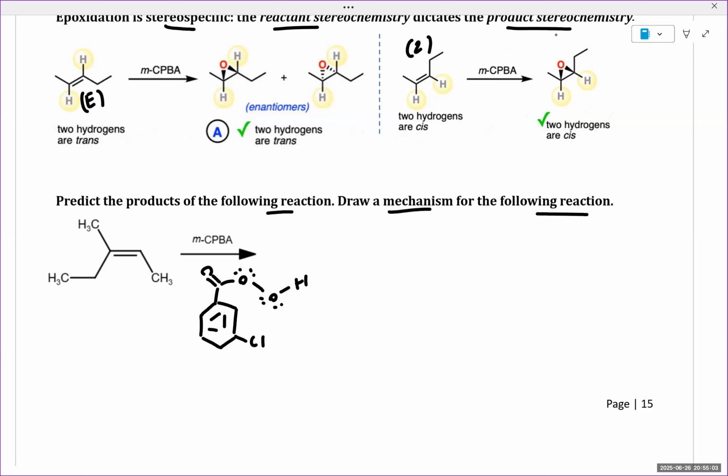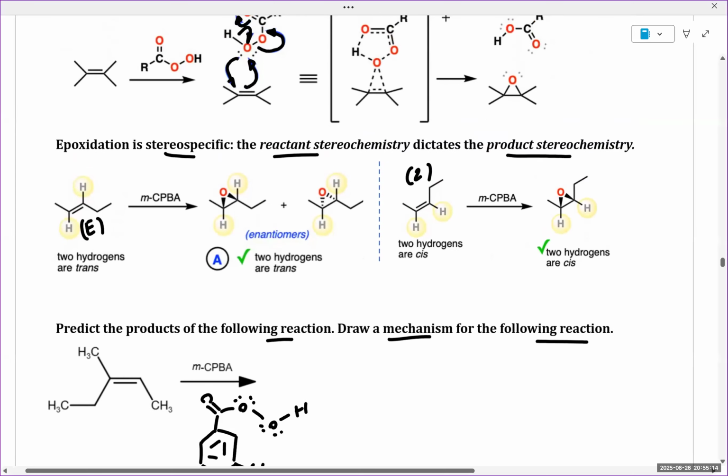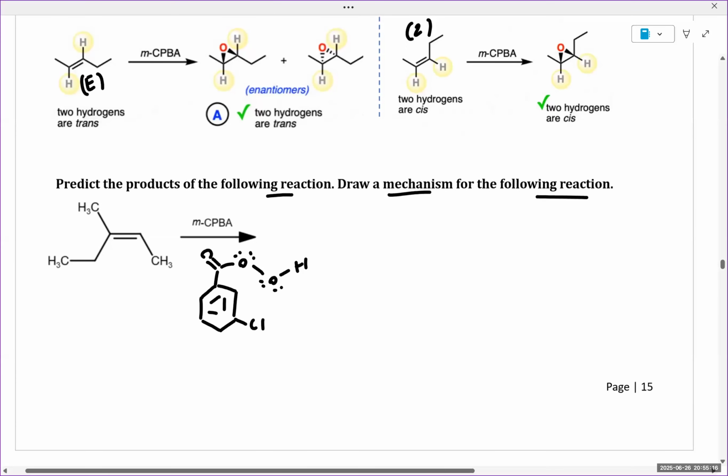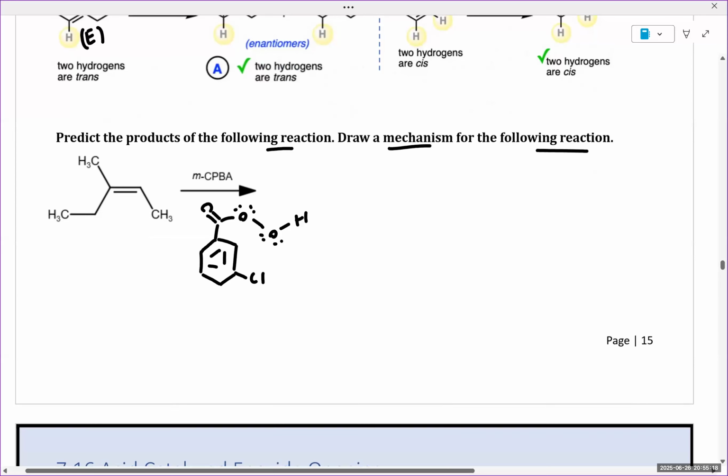So I'd like you to pause the video now, take a few moments, and draw a mechanism for this reaction, and predict the products for this reaction. Okay, so let's discuss now.